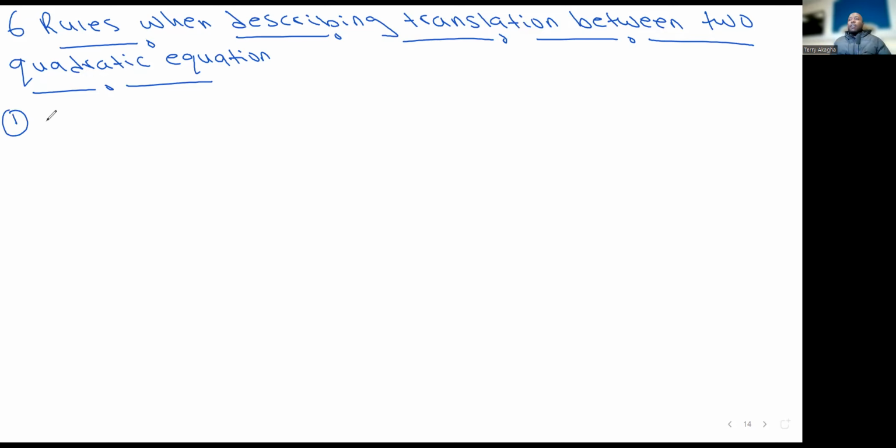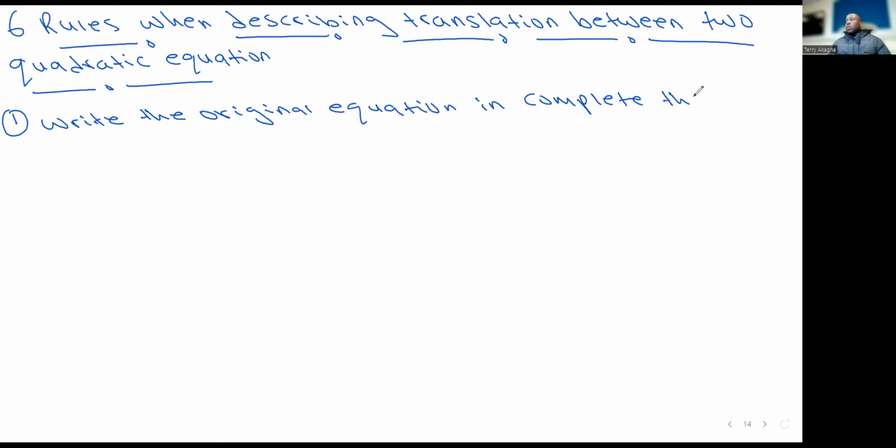All right, so the first thing you have to do is write the original equation in complete the square form.